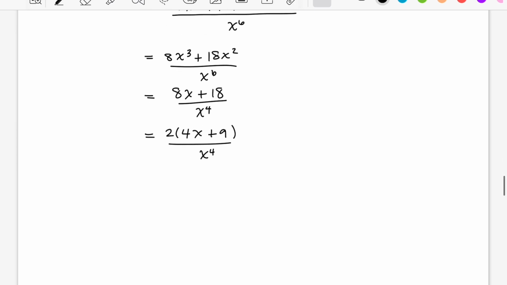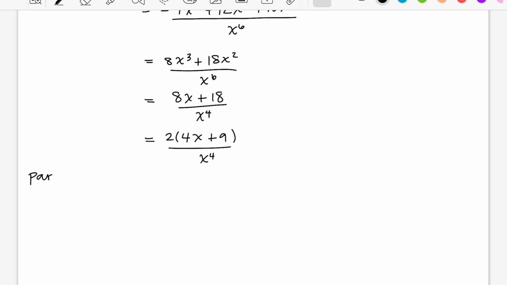All right, and then we want to find the partition numbers for our second derivative. And we know that this is going to happen when this is undefined or equal to 0, and this is undefined when x is equal to 0. So that's one of them, and then we also want to figure out when this whole thing is equal to 0, and that'll happen when our numerator is equal to 0.